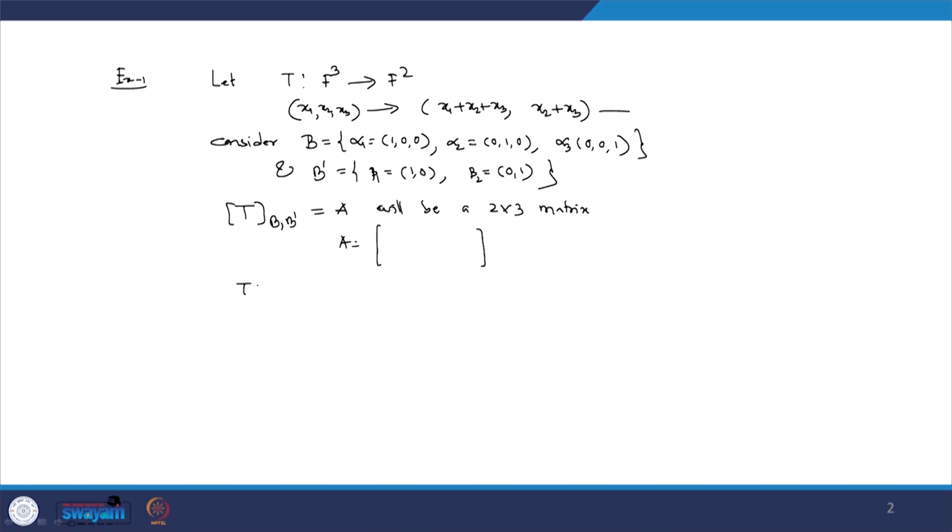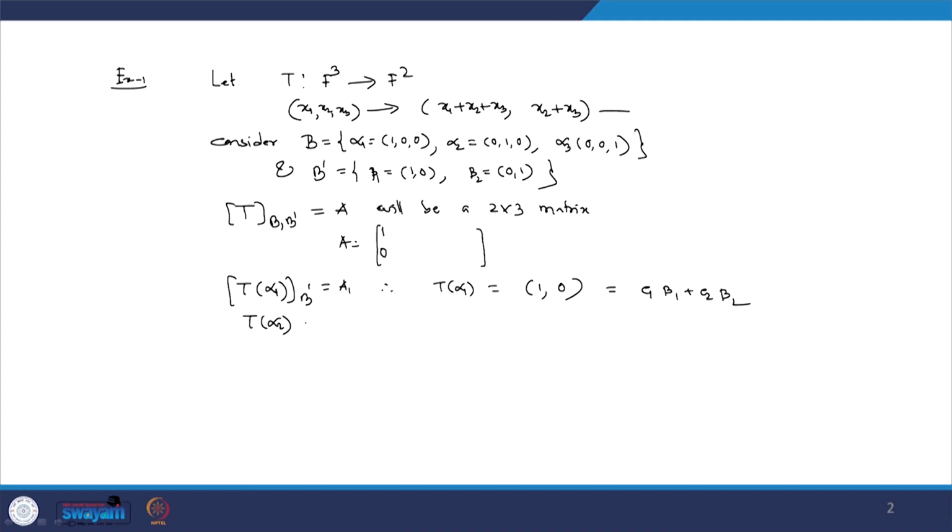So, we know that the coordinate matrix of T alpha 1 with respect to B prime is the first column, that is A1. So, T of alpha 1 will be equal to (1, 0), which implies that if I write C1 into beta 1 plus C2 into beta 2, certainly C1 equal to 1 and C2 equal to 0. So, (1, 0) will be the first column.